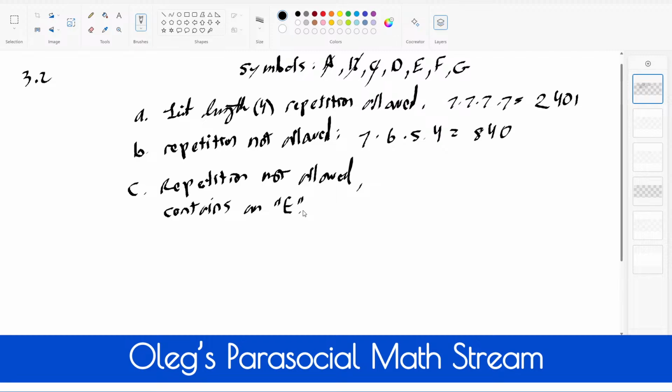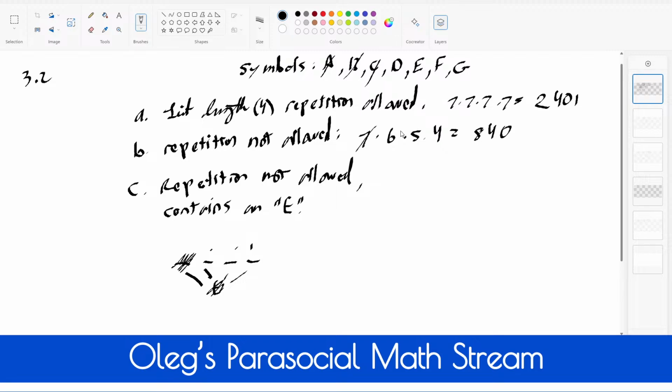E in the second, we have 6 options for the first because there's no repetition allowed, 5 in the next. Essentially, by E taking up a slot in our 4-letter list, it doesn't matter where you stick the E. We're just going to say E can go anywhere, where effectively we're scratching one option, and that scratches the E. So now we have 3 options, and no repetition allowed.